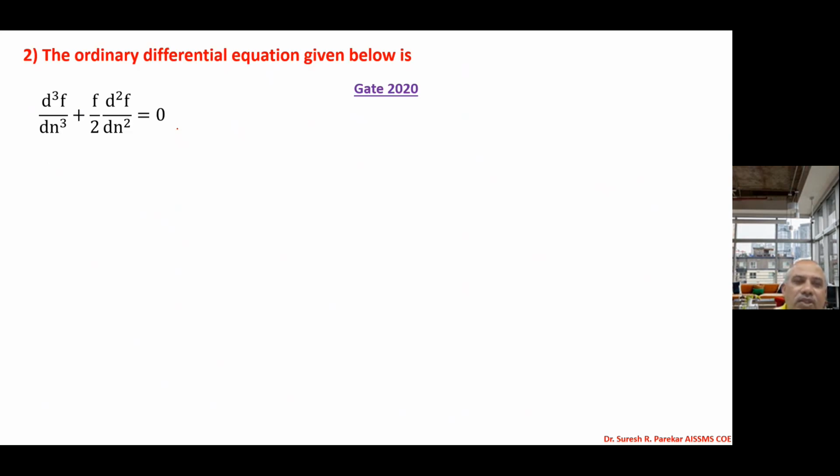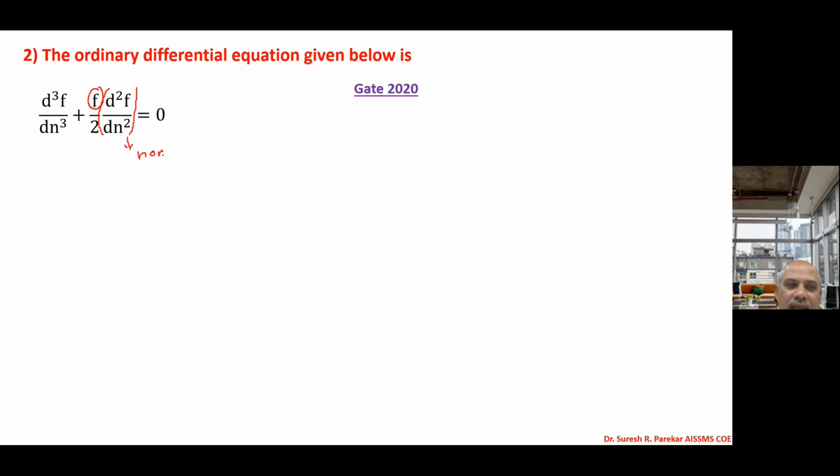Then we have another question. d cube f by d eta cube plus f by 2 d2f by d eta square equal to 0. Now you can see this. We have f, which is the dependent variable, and here it is multiplied with this. And therefore we have this as non-linear.